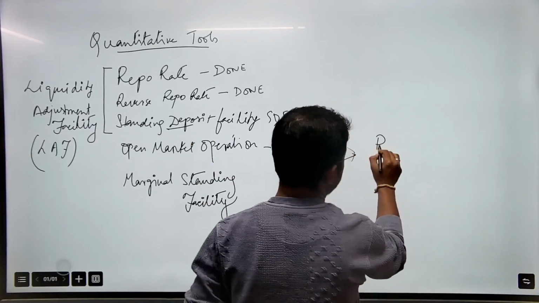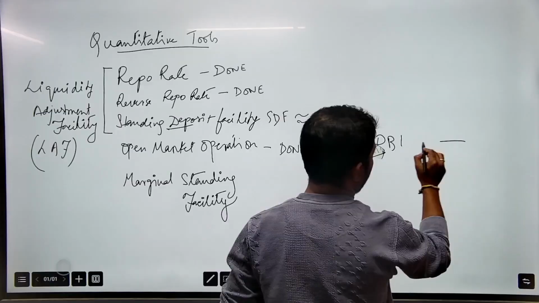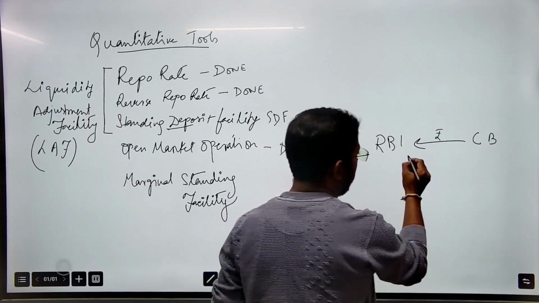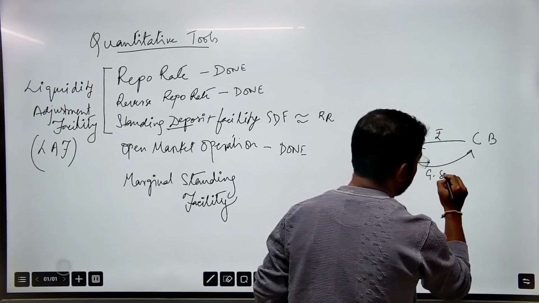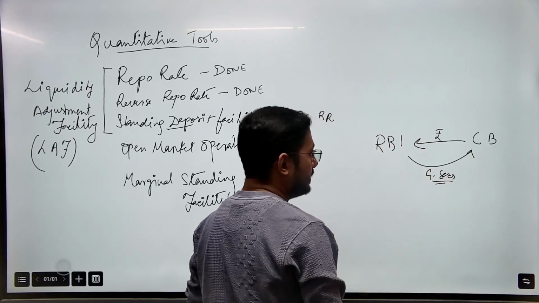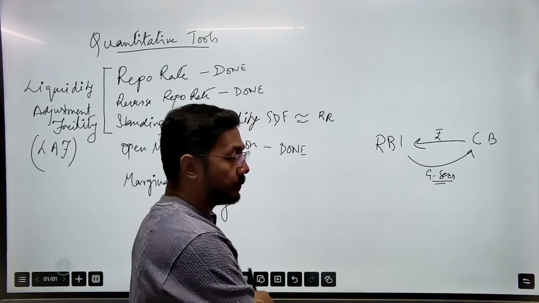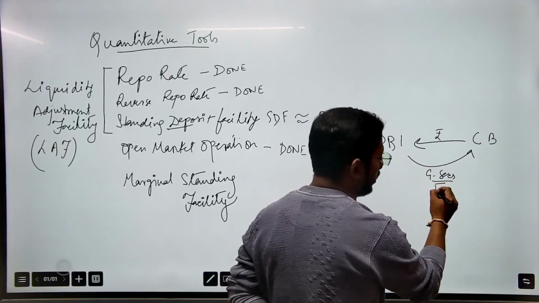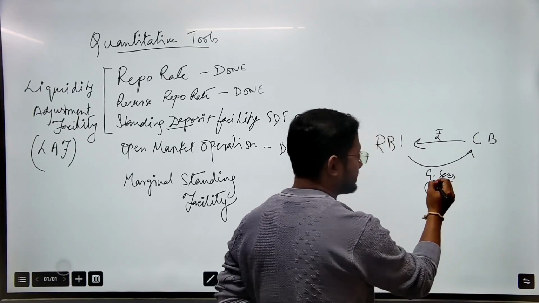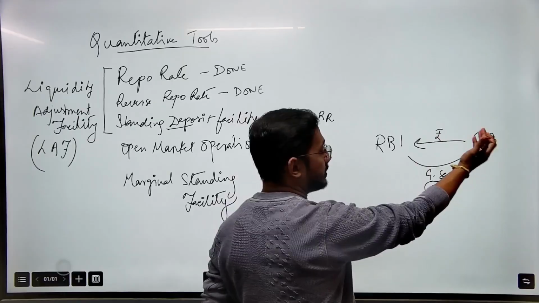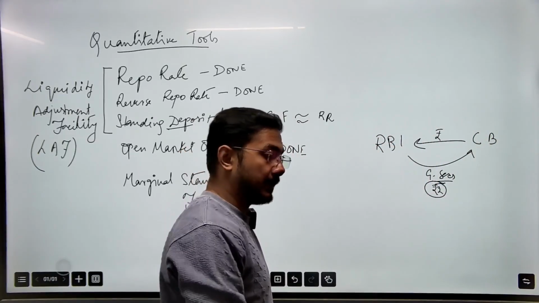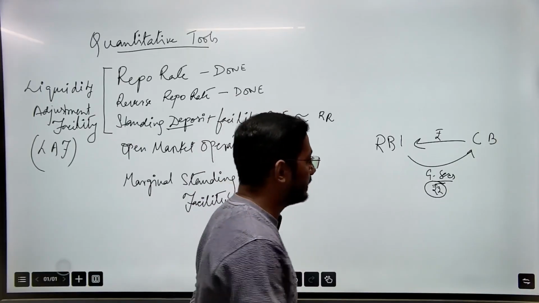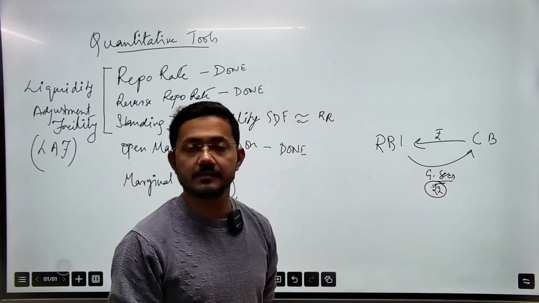In reverse repo, the Reserve Bank of India borrowed money from commercial banks for a short period of time, and in return it kept government securities as mortgage. Now here a problem arises. The commercial banks will lend to the RBI only up to the amount of government securities the RBI has. But if the situation demands more absorption of money from commercial banks, then these government securities will be insufficient.